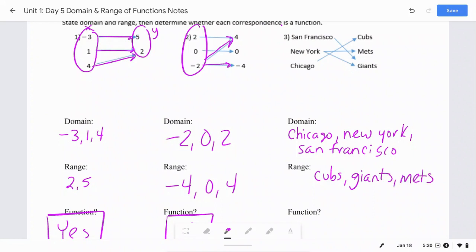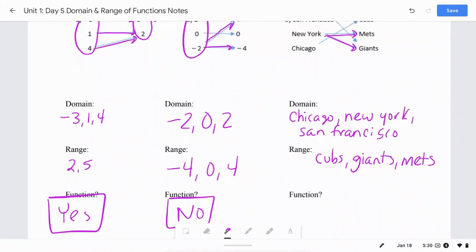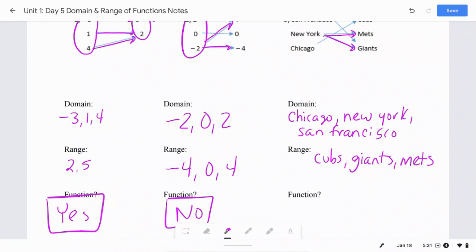Now, if you look carefully, notice that New York is repeating because it has an arrow going to Mets and Giants. So since it repeats, this would not be a function.